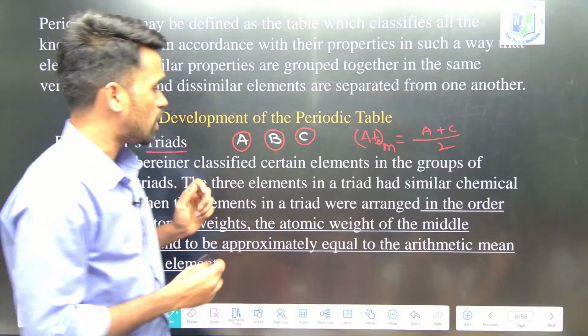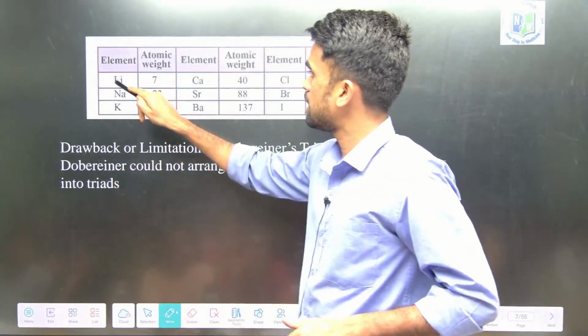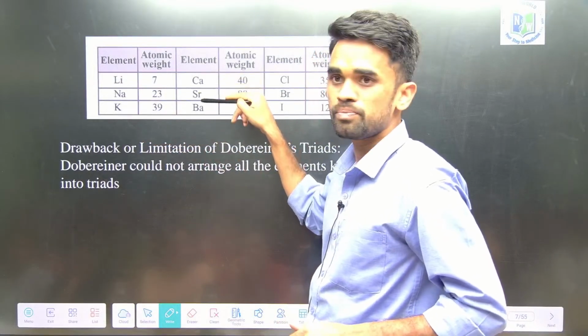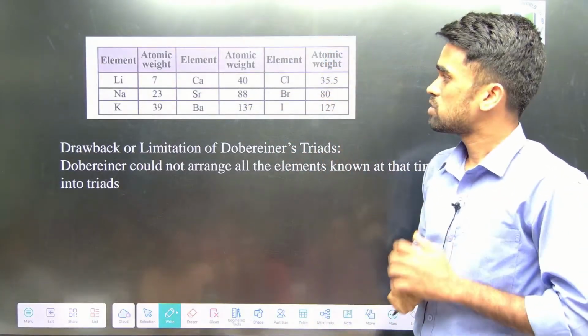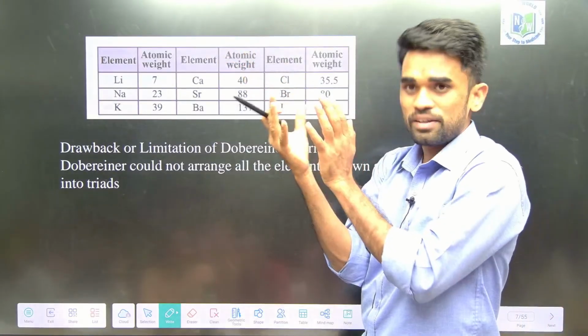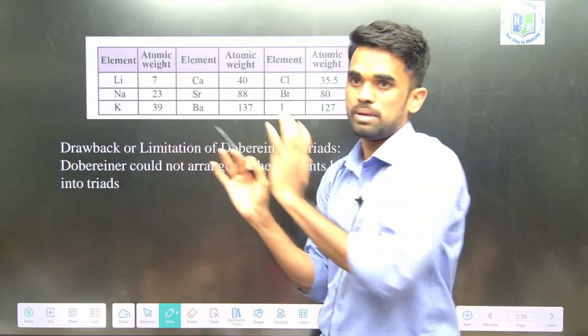Now what are the triads he has taken there? These are the triads: lithium, sodium, potassium; next calcium, strontium, barium; and chlorine, bromine, iodine. Now it seems this triad classification is applicable for only a few sets of elements.